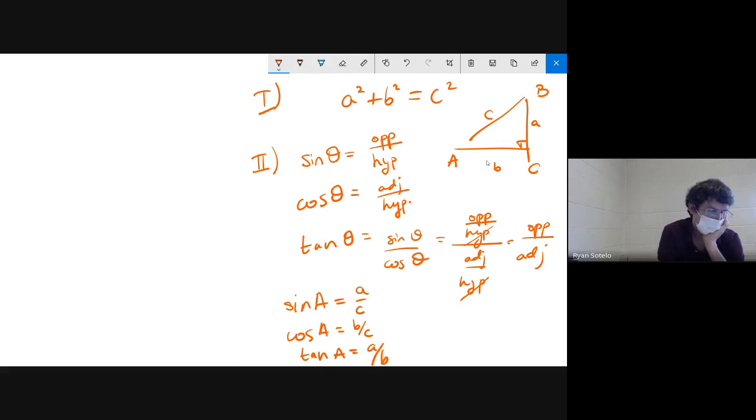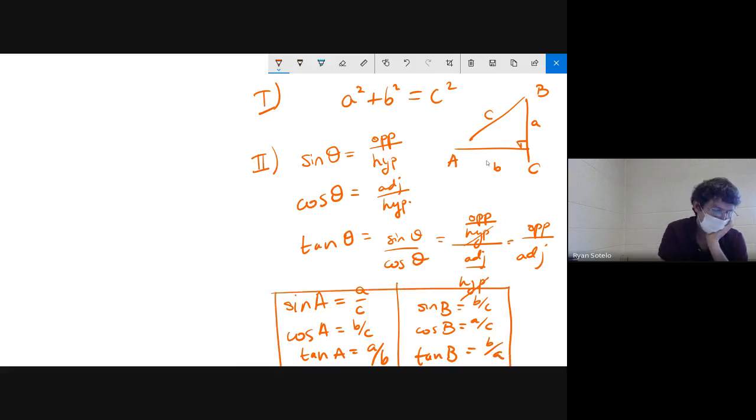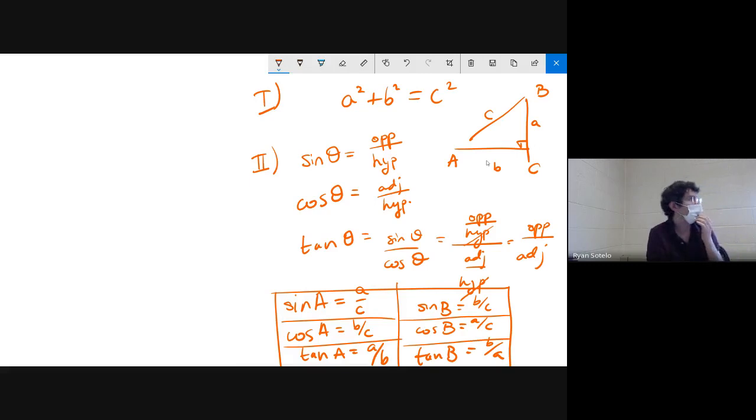Whereas if I was looking at angle B, I would have opposite of B is little b. Cosine would be a over c. And tangent of angle B would be b over a. So it's dependent on which angle you're looking at, what's considered opposite and what's considered adjacent.